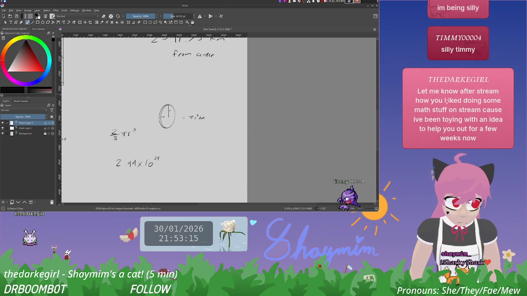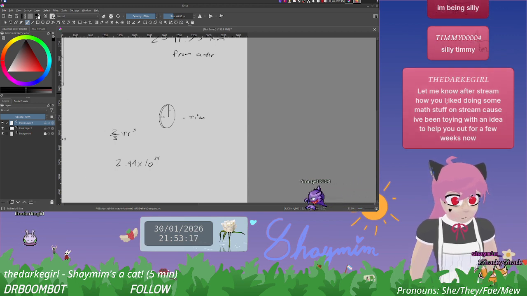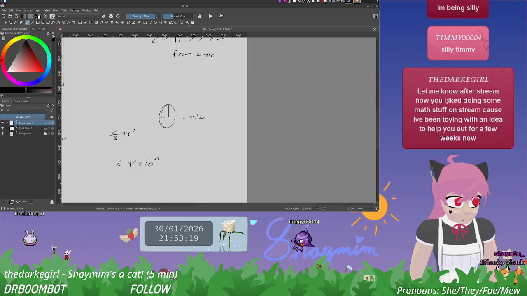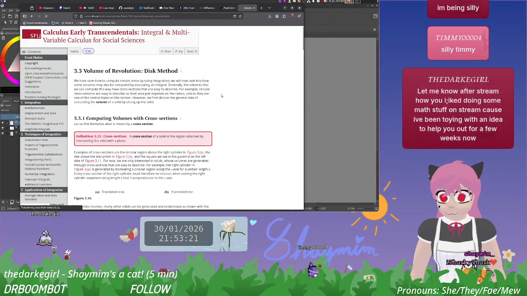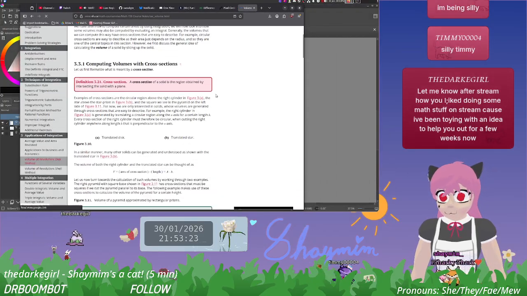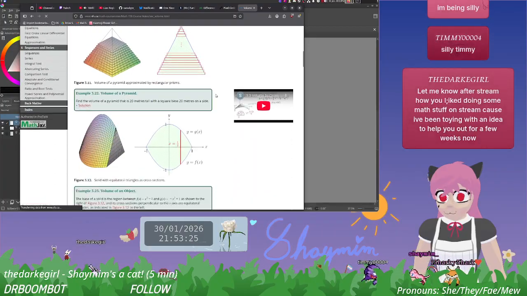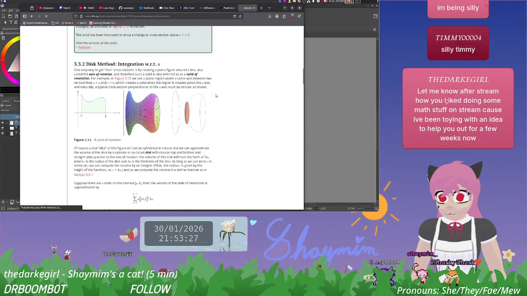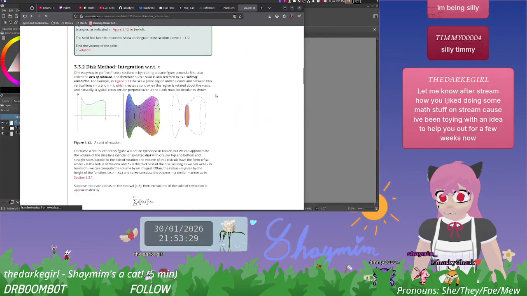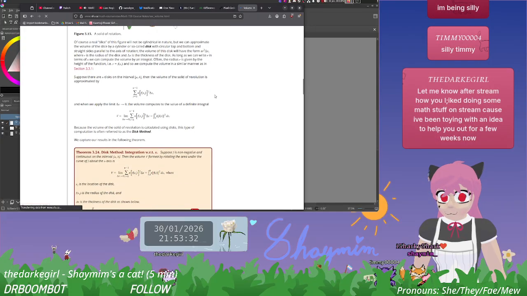In disk volume integral, so let's see. Disk integration.